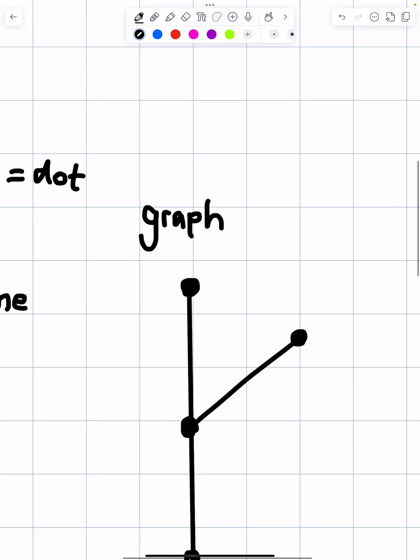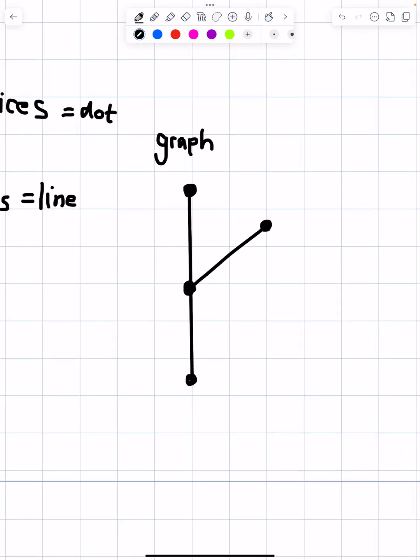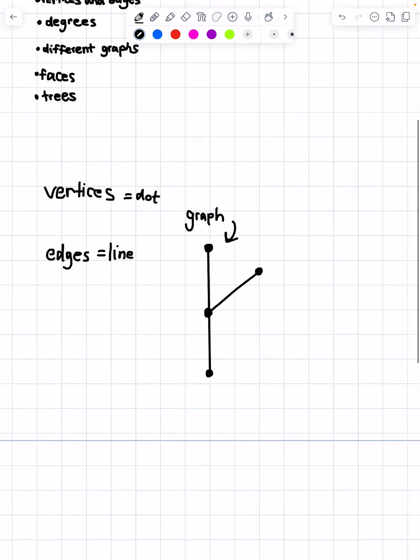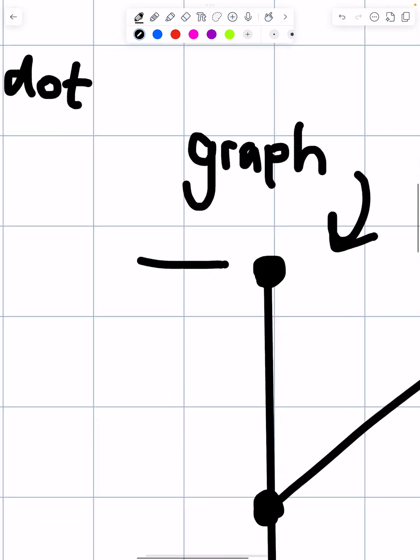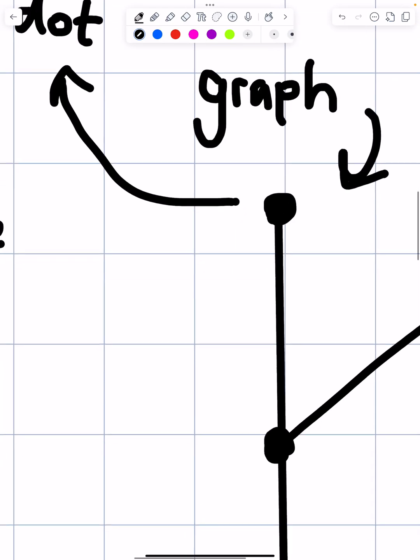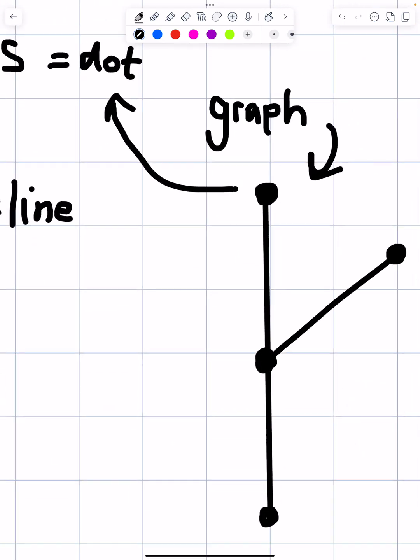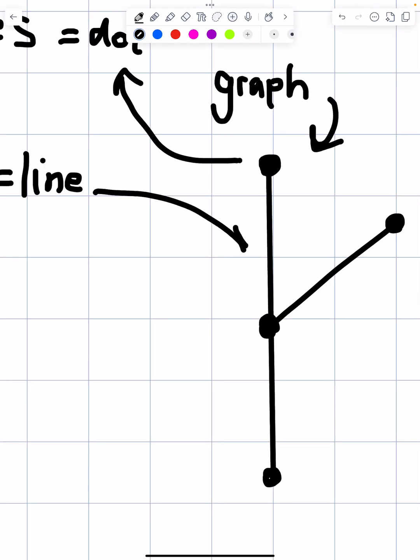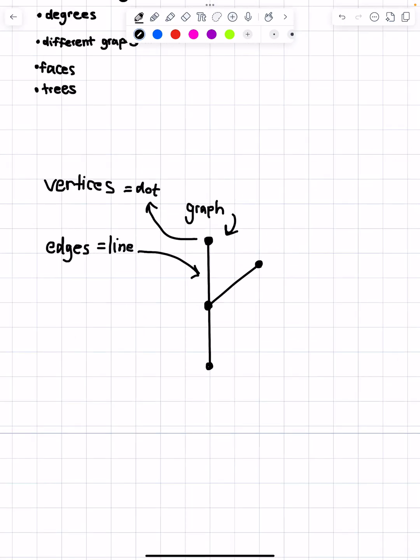As you can see, we don't have the x and y coordinates like we do in, say, geometry, or whatever you need for graphs. This doesn't require any x and y's. It just requires vertices and edges. So, just a reminder, these are vertices. That's a vertex. This is an edge, which is a line.